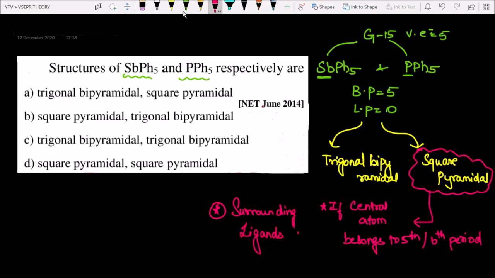These are the two conditions under which a molecule can have a square pyramidal geometry.